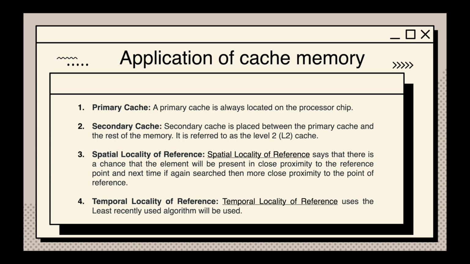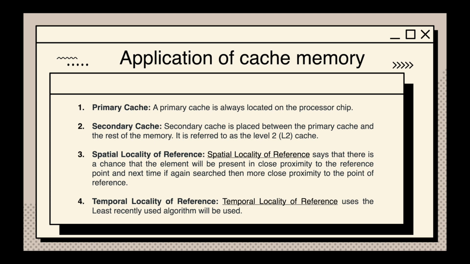Third, spatial locality of reference. Spatial locality of reference says that there is a chance that the element will be present in close proximity to the reference point, and next time if searched again, then in even closer proximity to the point of reference. Fourth, temporal locality of reference. Temporal locality of reference uses the least recently used algorithm.